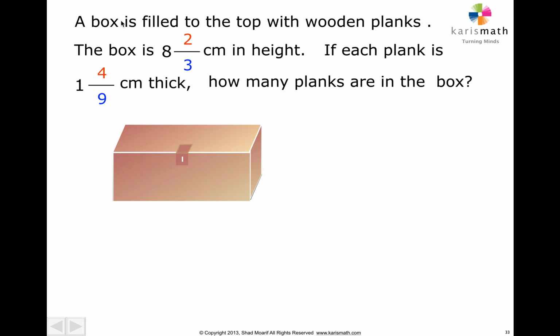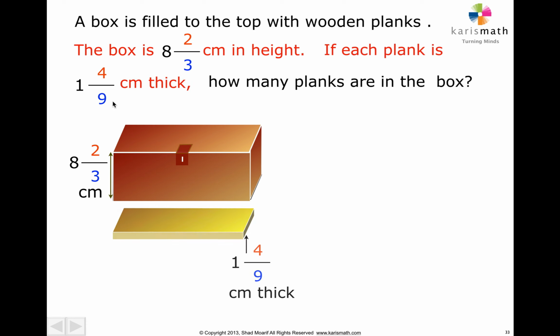A box is filled to the top with wooden planks, and this box is 8 2/3 centimeters in height. So the height of this box is 8 2/3 centimeters. If each plank is 1 4/9 centimeters thick, so imagine that's a plank and it's 1 4/9 centimeters thick. How many planks are in the box?